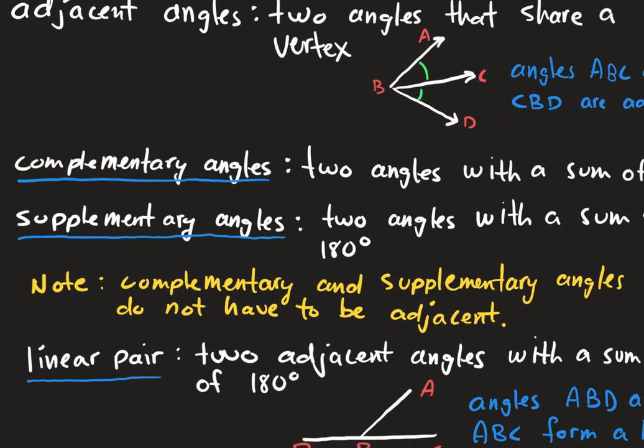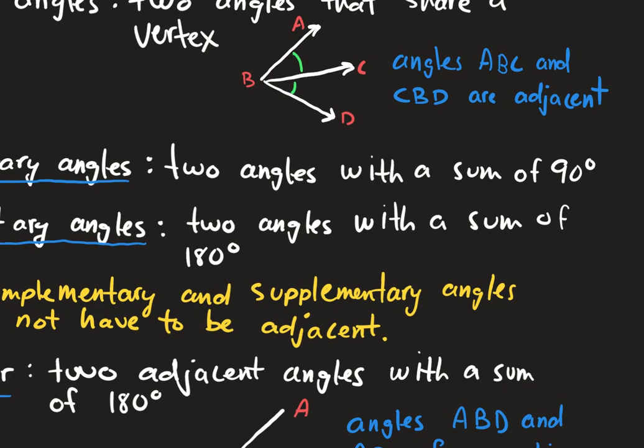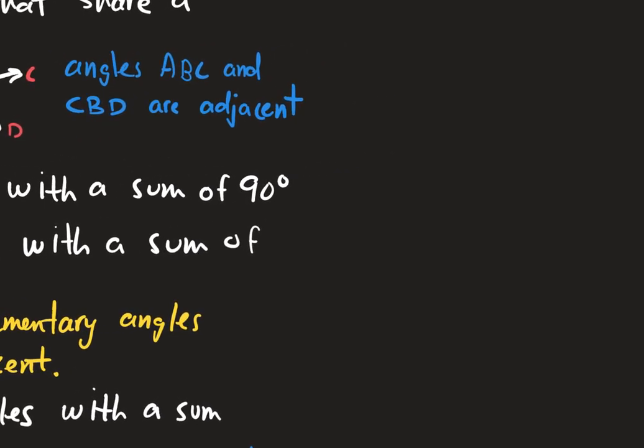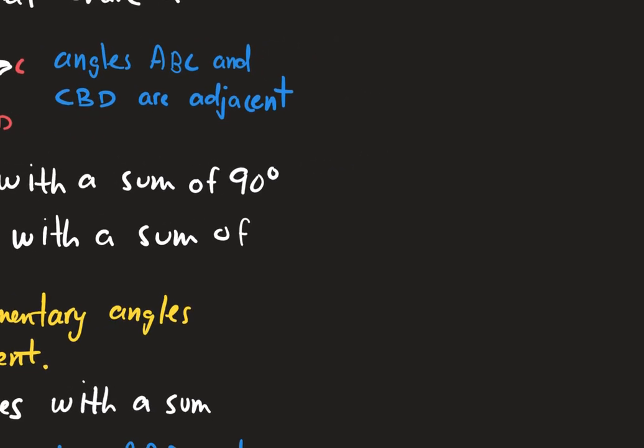The next one are complementary angles. These are very common. Complementary angles are two angles with a sum of 90 degrees. So an example of complementary angles, I'll draw here, maybe in red. I would start with a 90-degree angle, something like this.